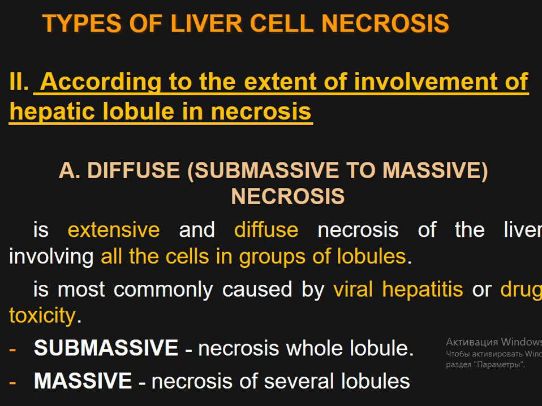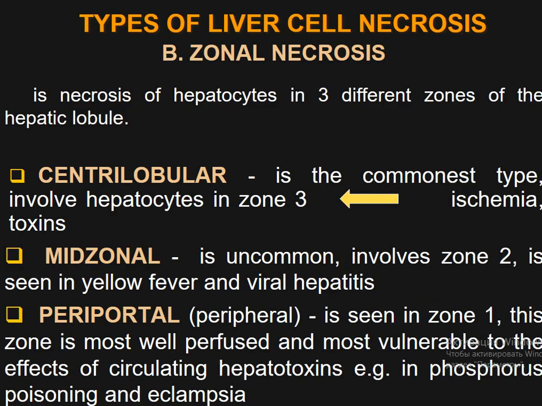It is most commonly caused by viral hepatitis or drug toxicity. And if this necrosis includes a whole lobule, we name this diffuse necrosis submassive. If necrosis happens in several lobules, we name this diffuse necrosis massive necrosis.